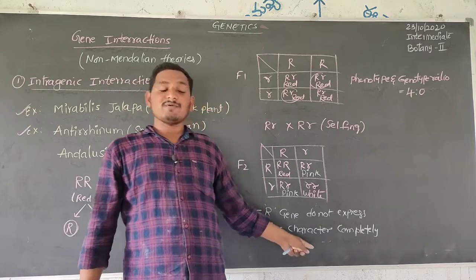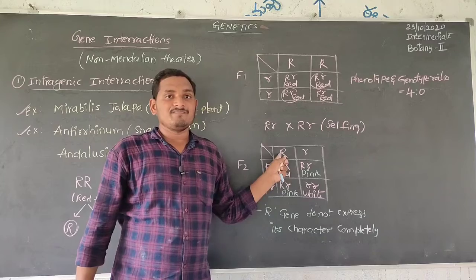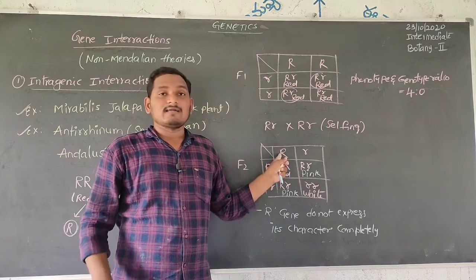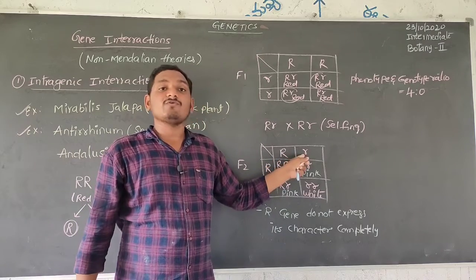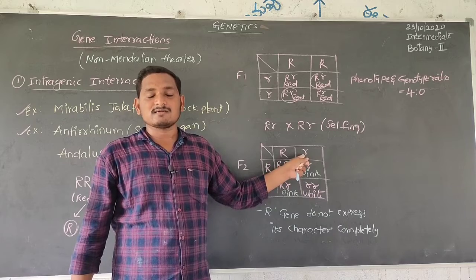This R gene is incompletely dominant over small r, the white gene.